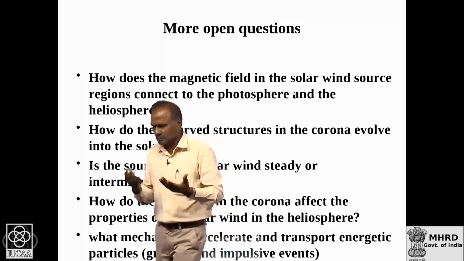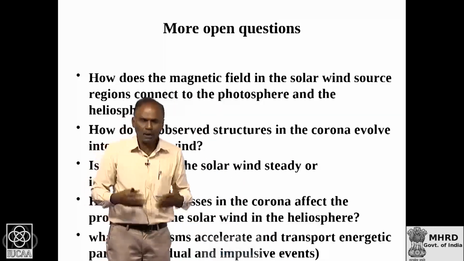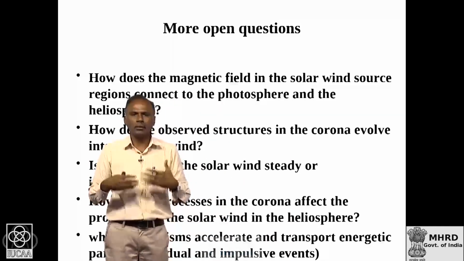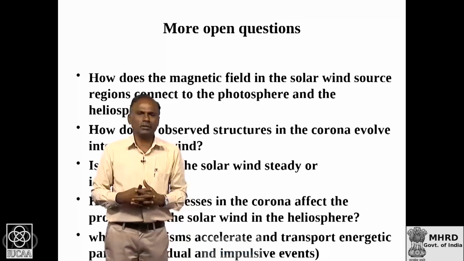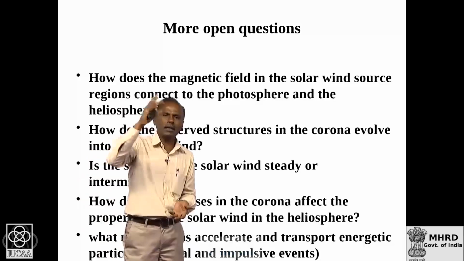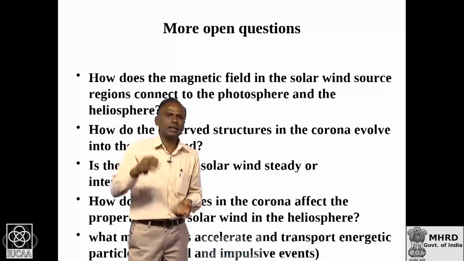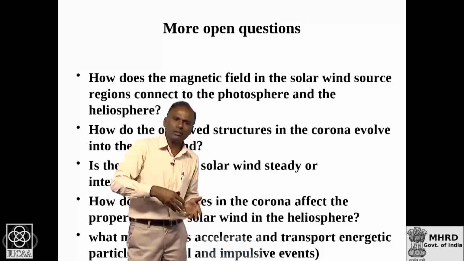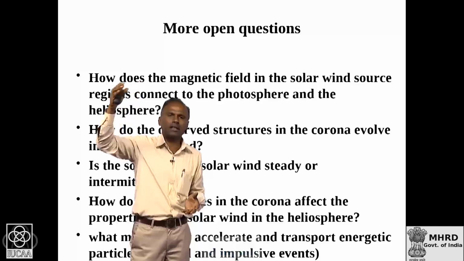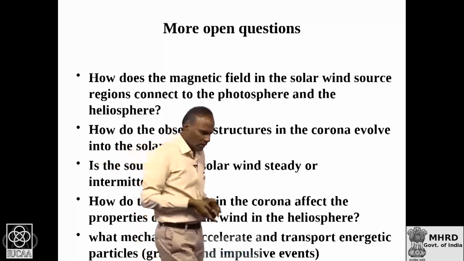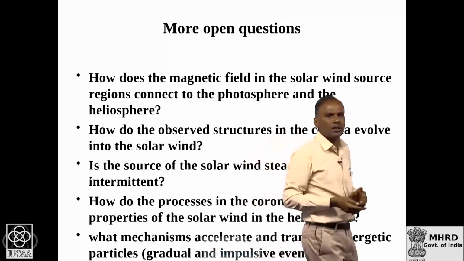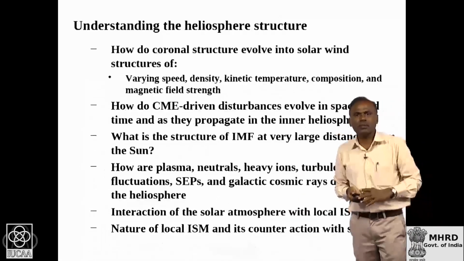Sometimes the particle event can be a gradual event, or sometimes an impulsive event. Impulsive event means a sudden increase in particle flux. Gradual event means they keep on accelerating the particles even for a couple of days. So, these are all the open questions.